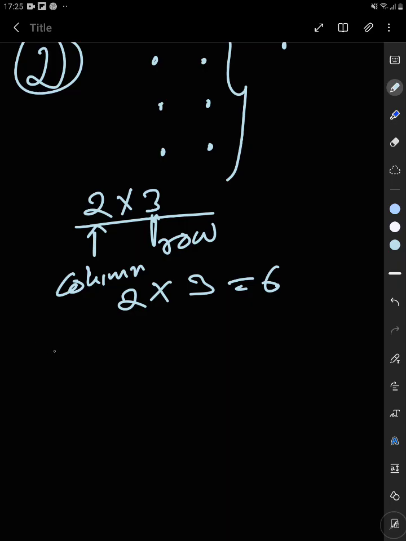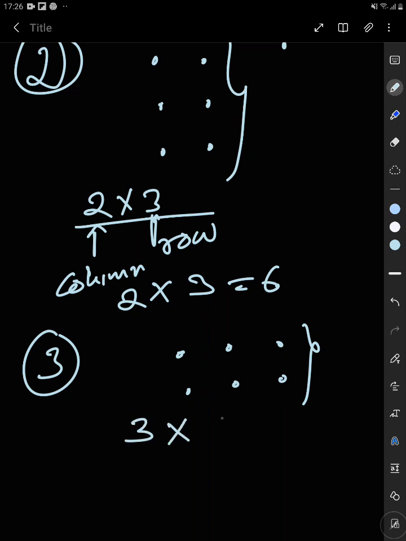Another way, the third way, is that we can have two rows and three columns. So we can write this as 3 multiplied by 2, which is equal to 6. So here also 2 and 3 are the factors.